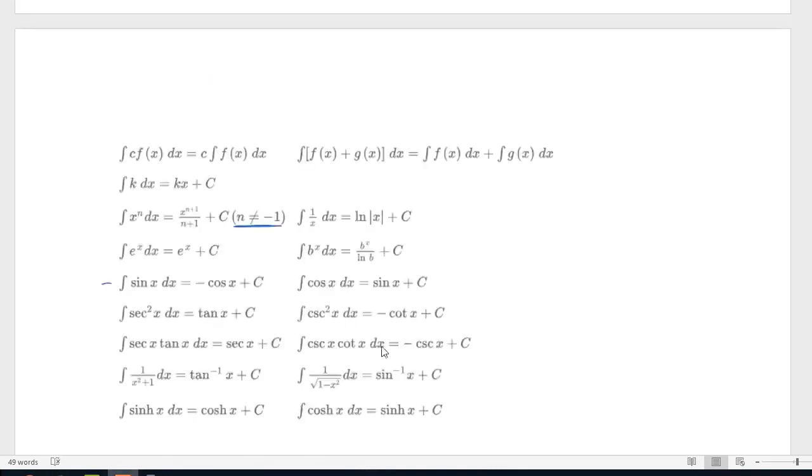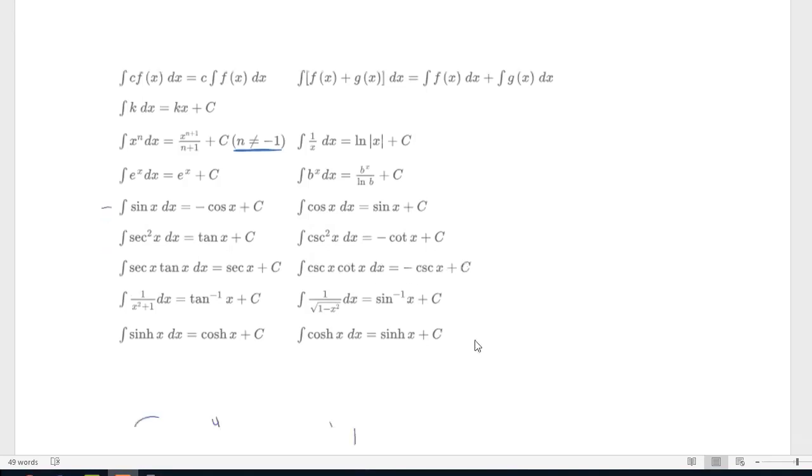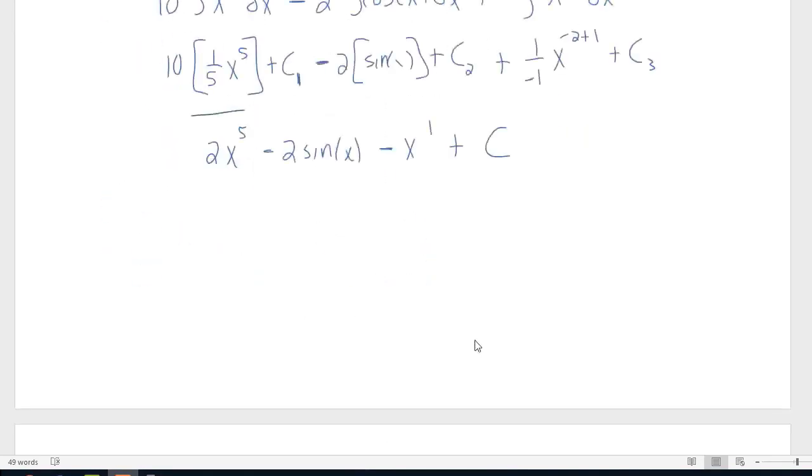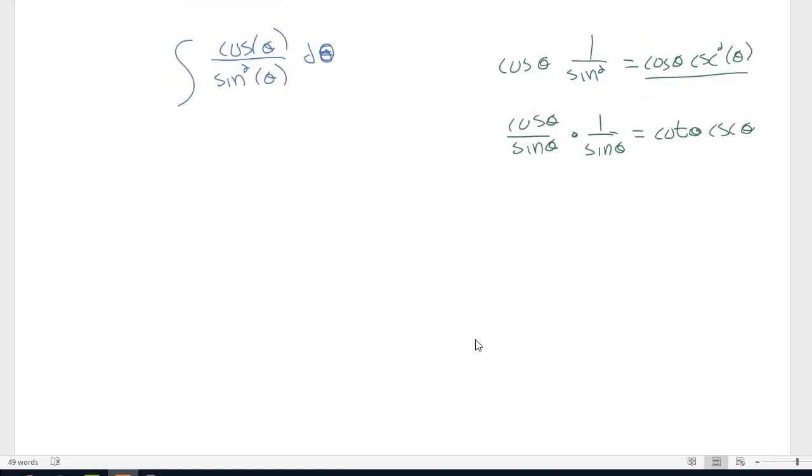I can see that cotangent times cosecant gives me negative cosecant as an antiderivative. So my antiderivative here is negative cosecant of theta, plus c.